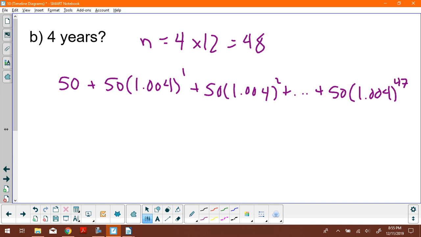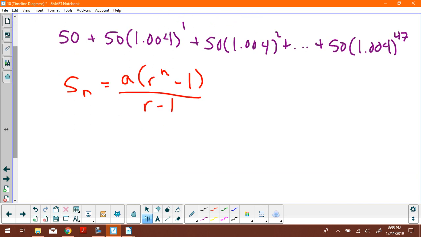So I could actually solve this problem using the formula for the sum of a geometric series. Let's review what that looks like. Sn equals a times r to the n, subtract 1, over r minus 1. What's my value of a? My value of a is 50.